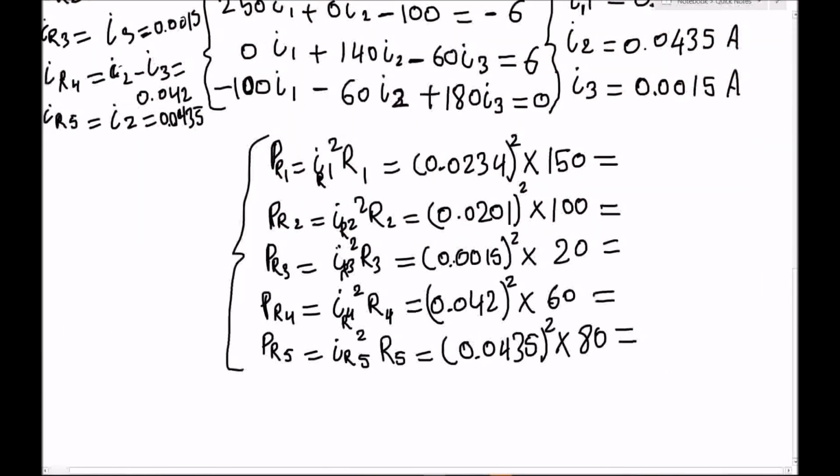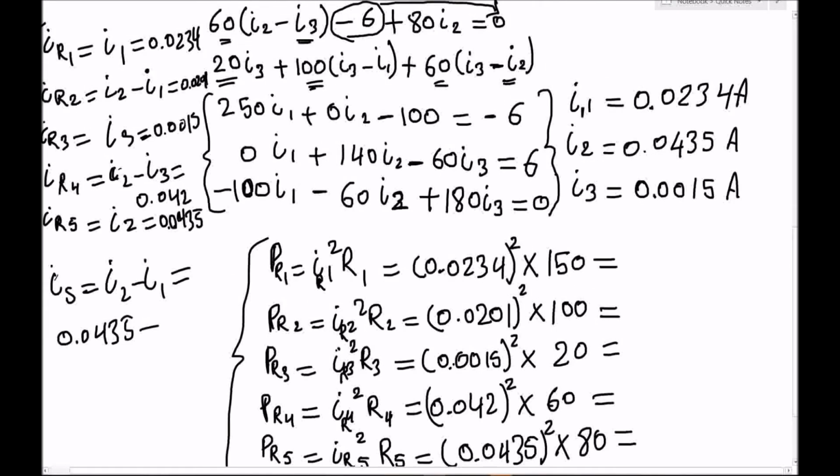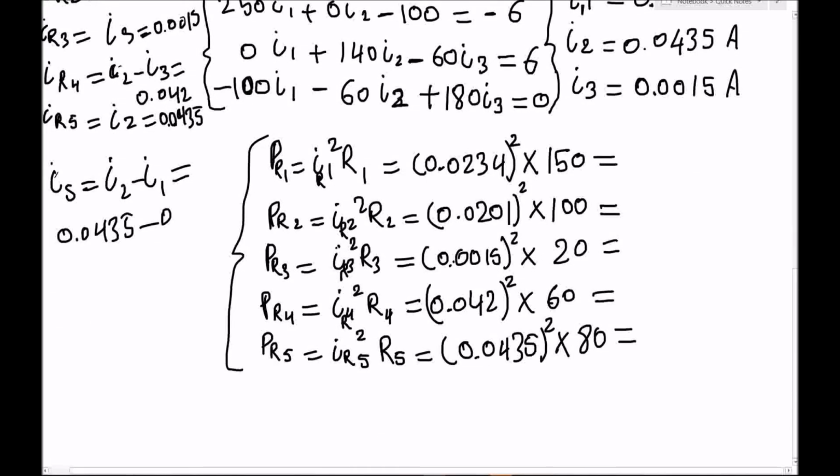IS equals 0.0435 minus 0.0234, which is 0.0201 amperes.